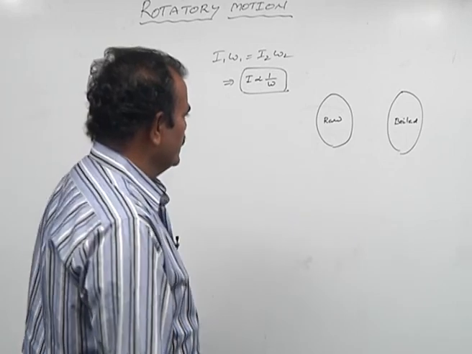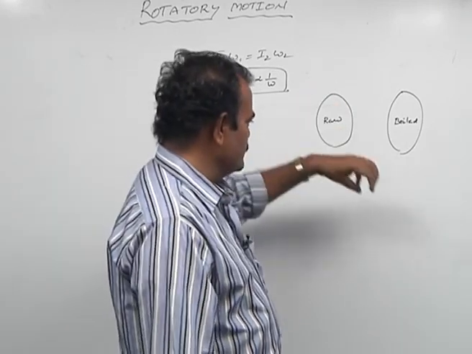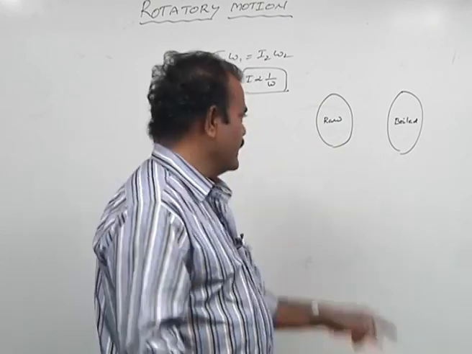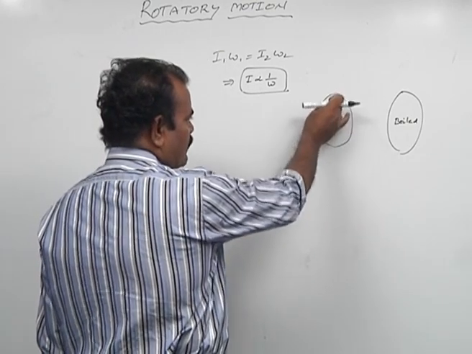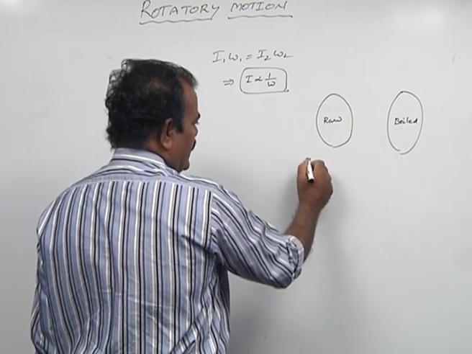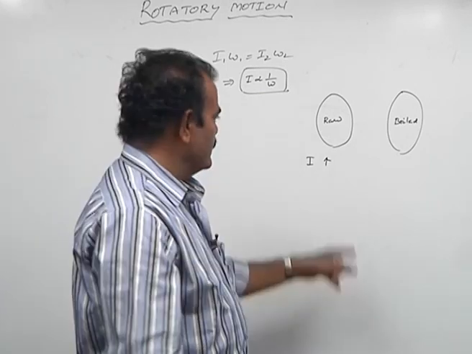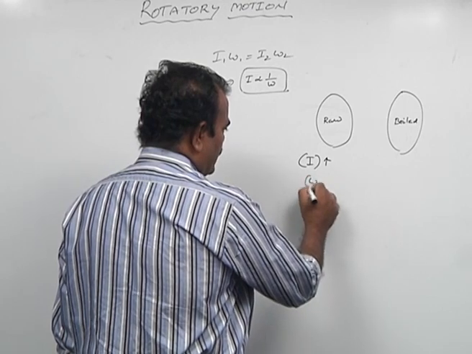Because when the raw egg is rotated with some constant angular speed, the inside fluid moves away from the axis and reaches the inside walls. That's why here I is more. I is equal to mass into distance squared, so I is greater here and automatically omega will be less here.